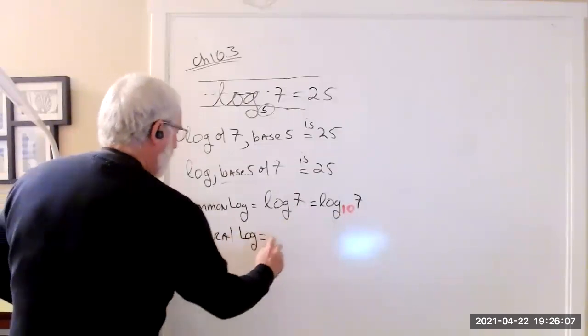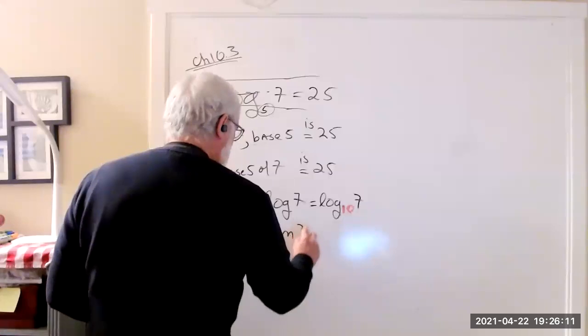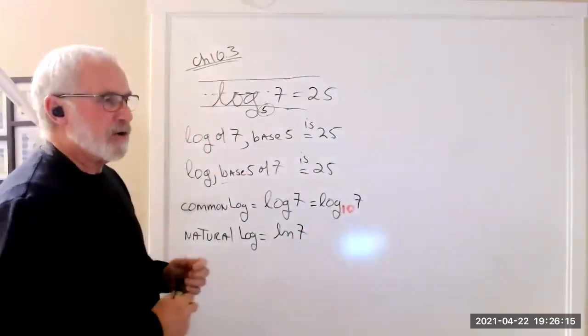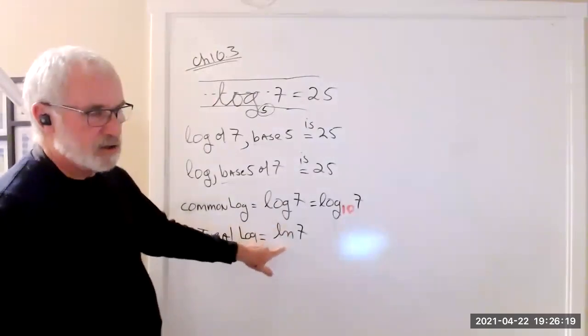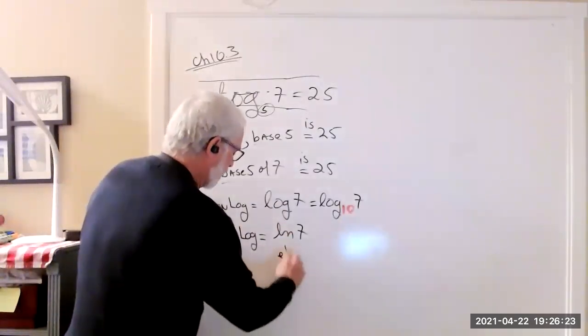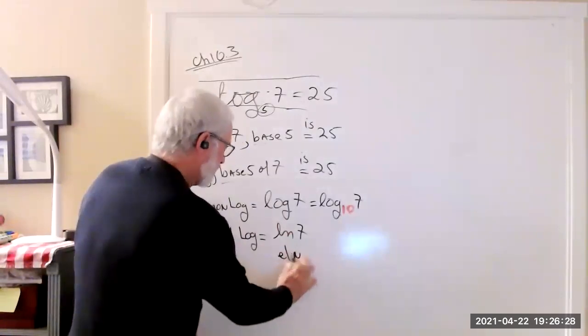Natural log. And it was the ln of 7. And there's some discussion. How do you pronounce ln? Is it literally "L-N"? Or do you say "ln"? That's too much Spanish.